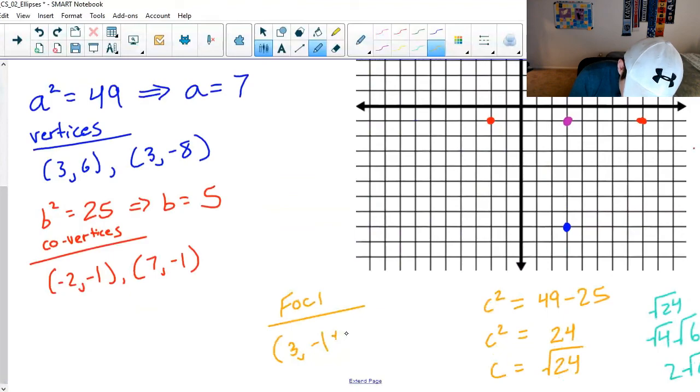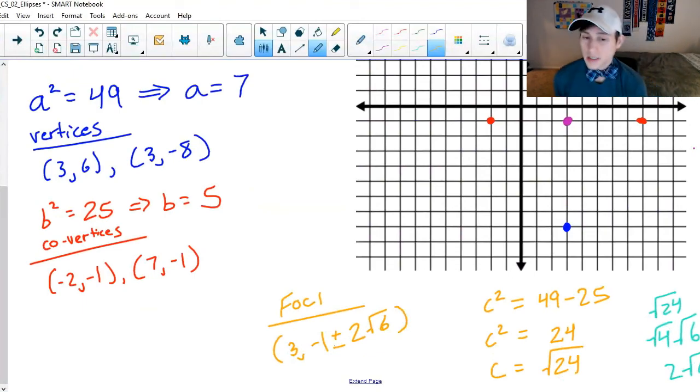So the first thing I'll do is add 2 root 6. And then to get the other focus, I would subtract 2 root 6. So I can write it like this, all together in one point: 3, comma, -1 plus or minus 2 root 6. And you need to write it going up in a diagonal line. That's really the key to making sure it's correct.